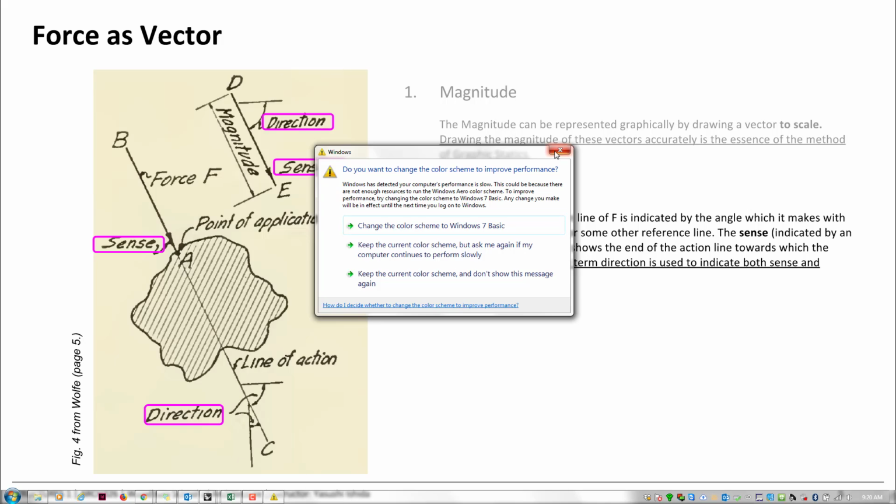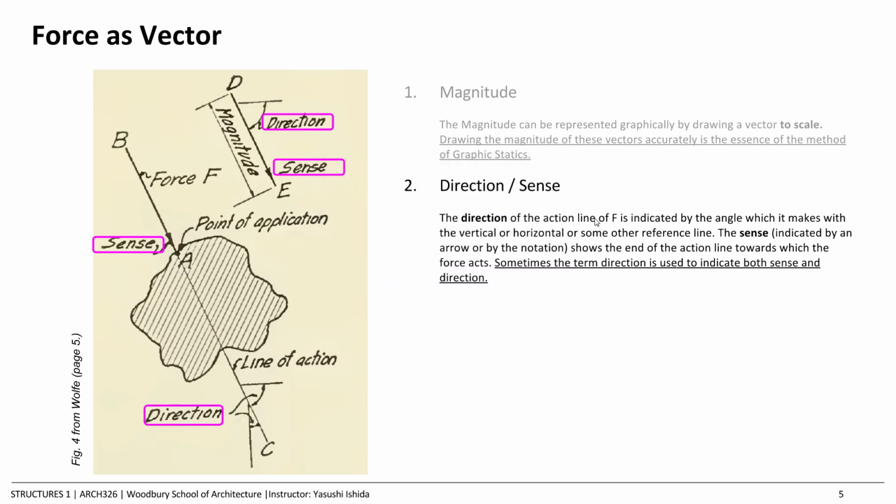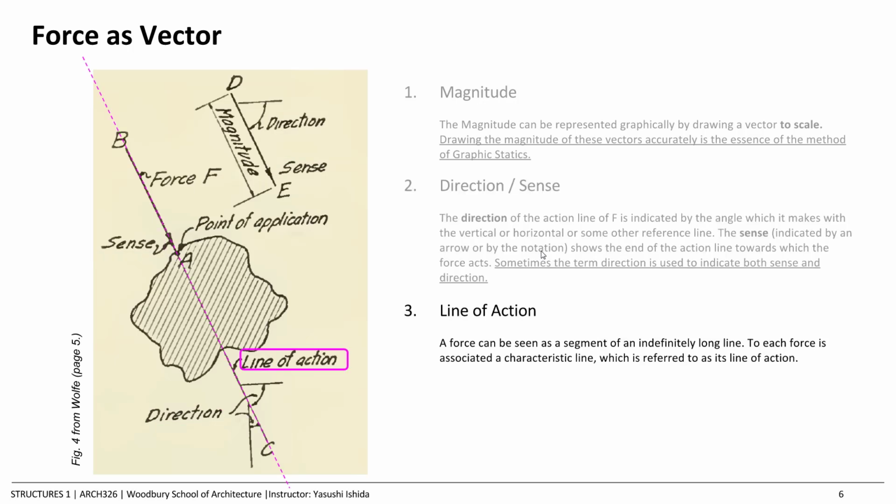And sense is basically which way on this direction it is, right? So sense forces you to choose one arrowhead over another. Does that make sense? Right? So if I read this, I mean, you can read it later, but sometimes the term direction is used to indicate both sense and direction, so it's slightly interchangeable, but strictly speaking, these are two different things.